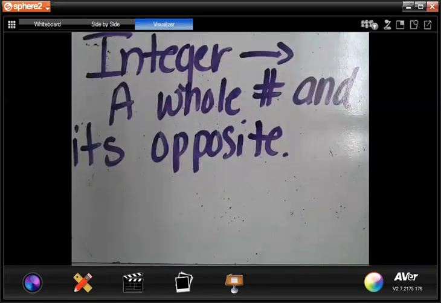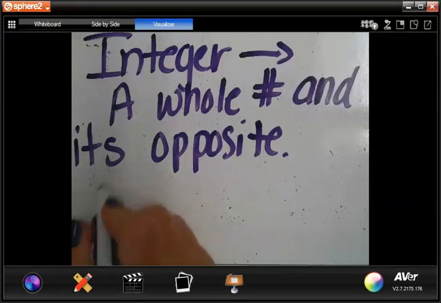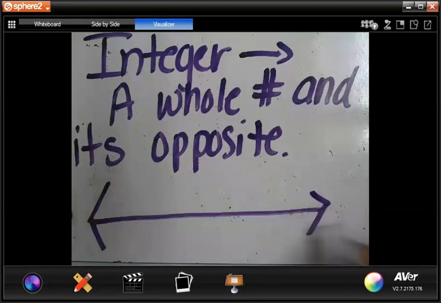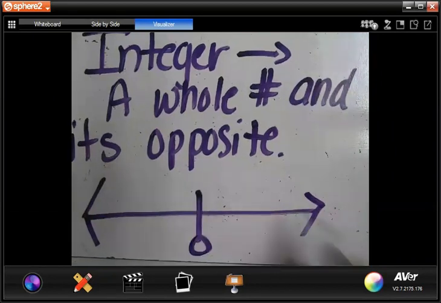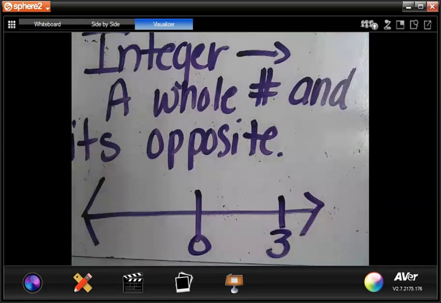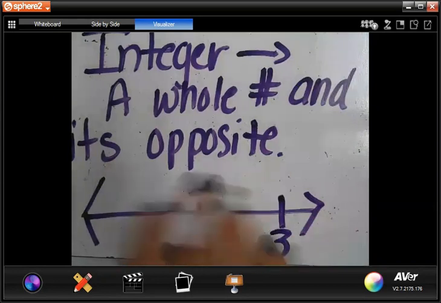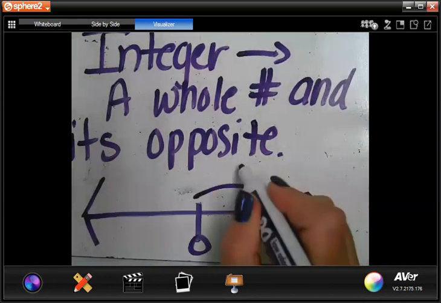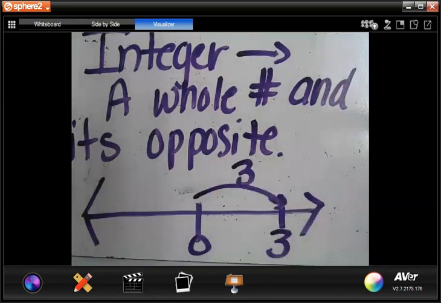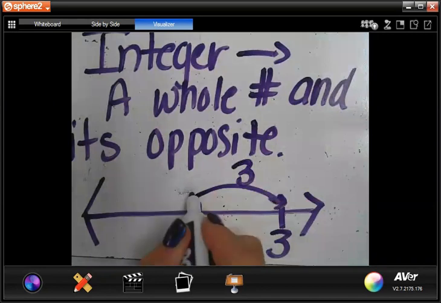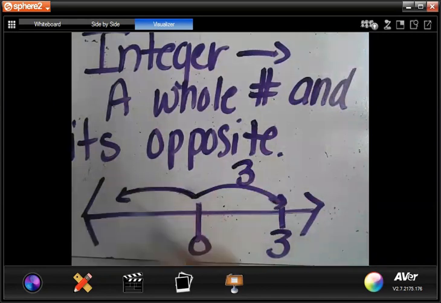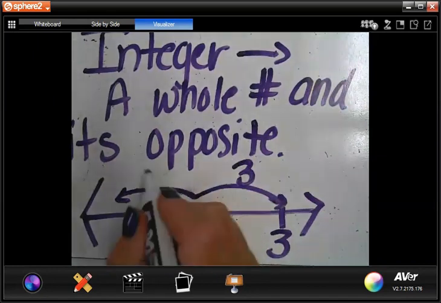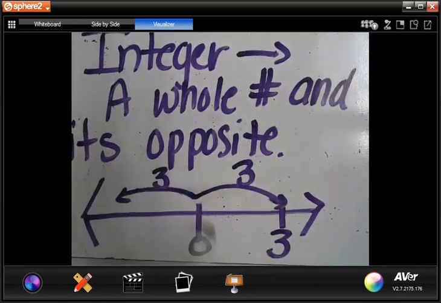So let's talk about opposites really quickly. Here is an example of an opposite. If I'm at 0 and I go to +3, because 3 is my favorite number, we know that 3 is 3 units away from 0.